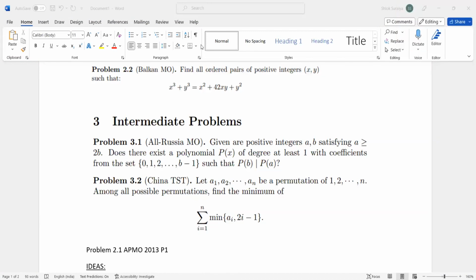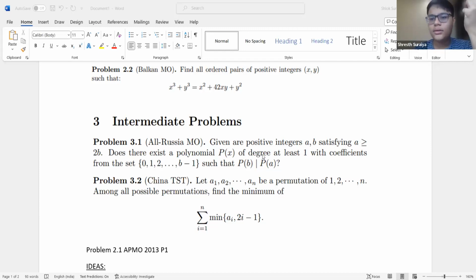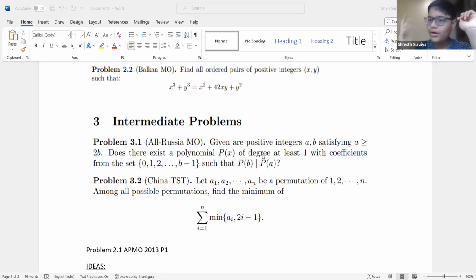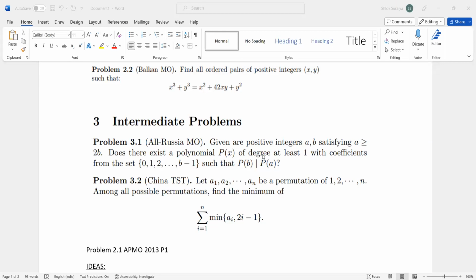For problem 3.1, it says that A is greater than or equal to 2B. Does that mean A is of the form 2B plus K, where K is a natural number, or is A just one specific value? Yeah, you can write A as 2B plus K. A is basically a constant. Or can you take A as 2B plus 1, 2B plus 2, 2B plus 3? 2B is also fine.